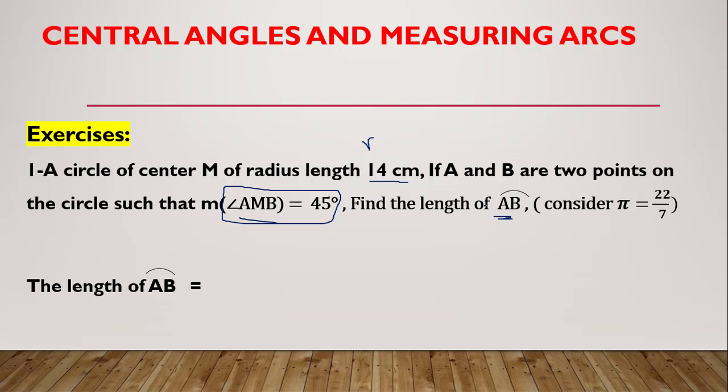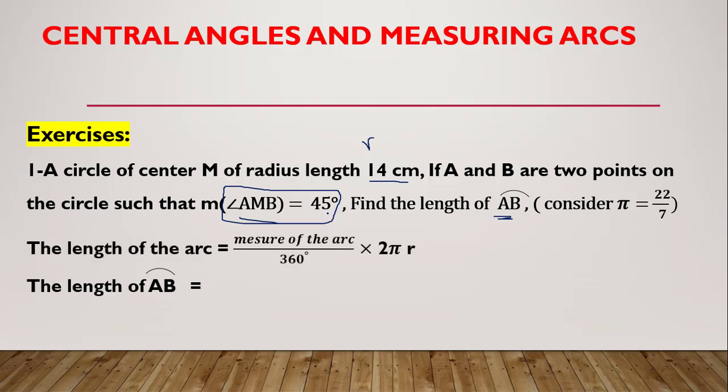Okay, so I want the length of the arc. The length of the arc equals the measure of the arc over 360 multiplied by 2 pi r, which is the circumference of the circle. Let's substitute.